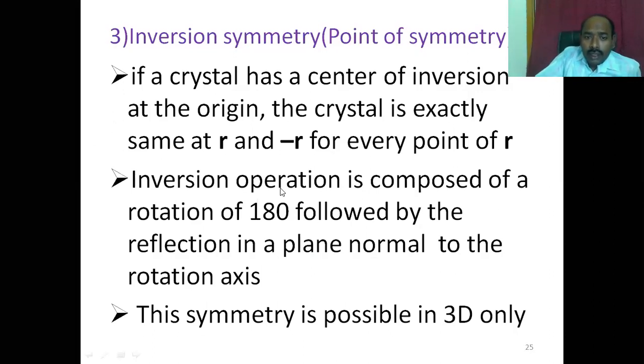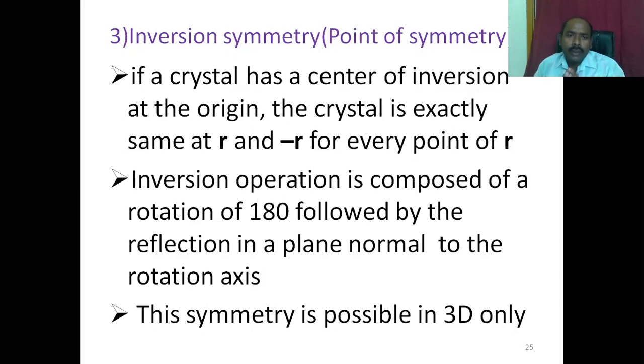The inversion operation is equivalent to a rotation of 180 degrees followed by a reflection in a plane normal to the rotational axis. So that is the inversion operation.